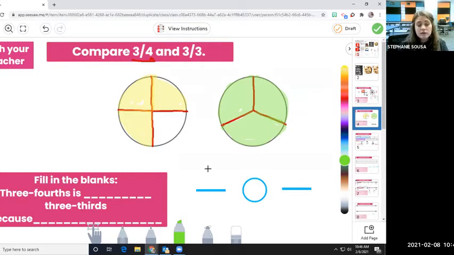When we have 3/4 shaded, that is 1/4 less than a whole. We also know that 1 whole is greater than less than a whole, okay?